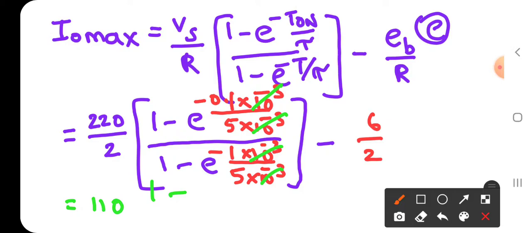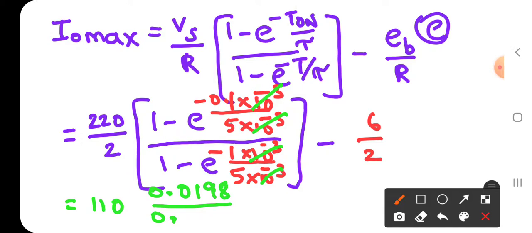Minus 1. This will be 1 minus this value, and all together it is 0.0198 approximately, divided by 0.1 minus e power minus 1 by 5.